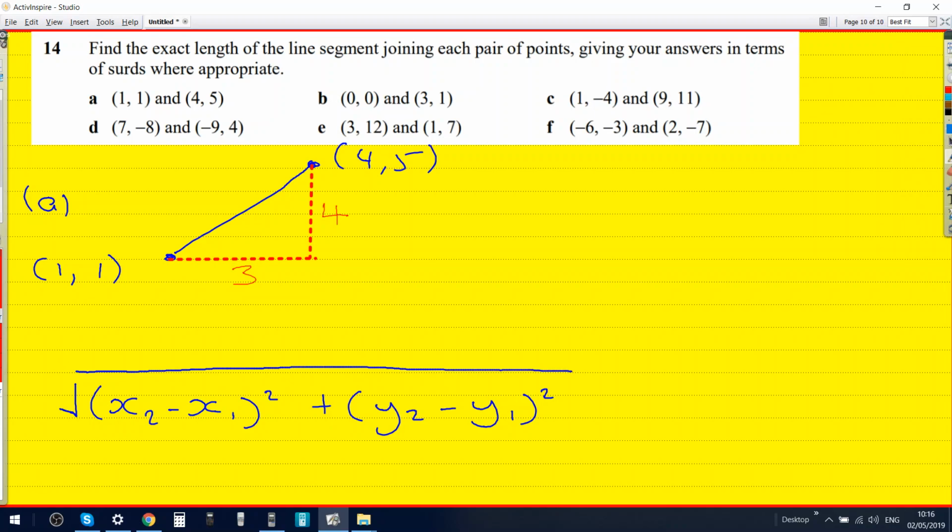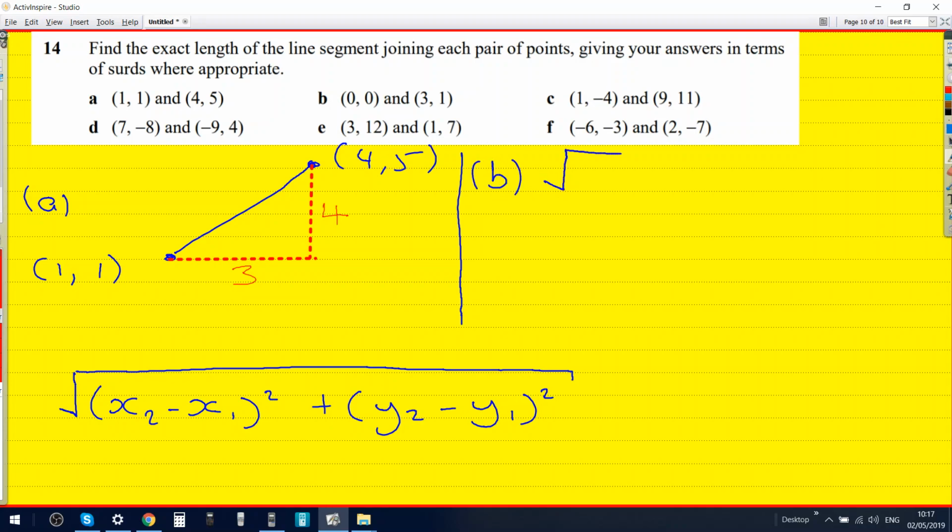So B. Let's go. 3 minus 0 squared. I'm just putting it into the formula. 3 minus 0 squared plus 1 minus 0 squared. And all that's square rooted. Yeah.